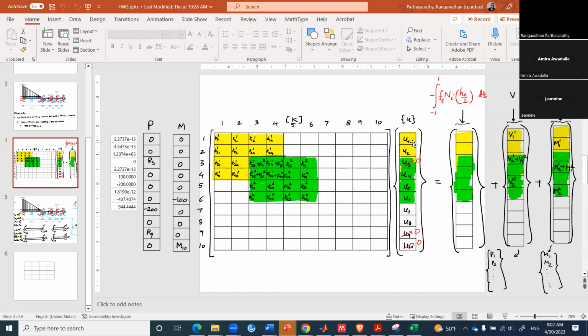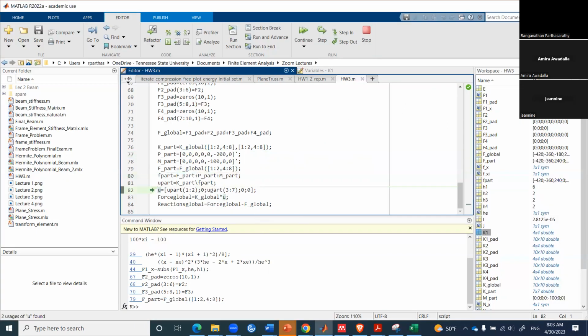And now you plug that back into the total displacement vector. That means you need to include U3, U9, and U10 also. So you include those in between. Now you have your total U.